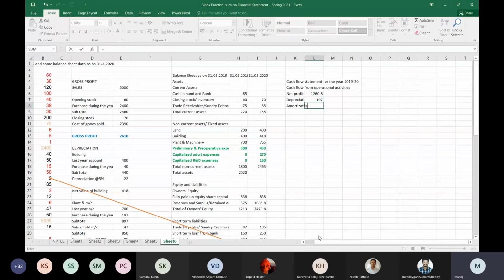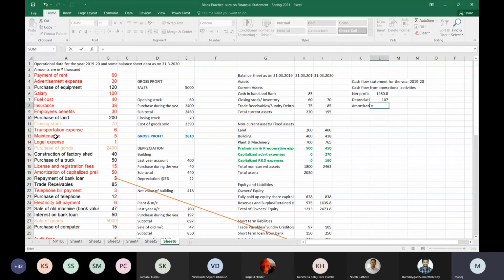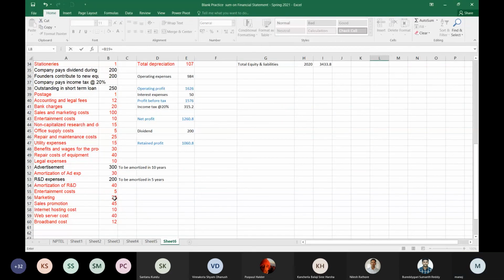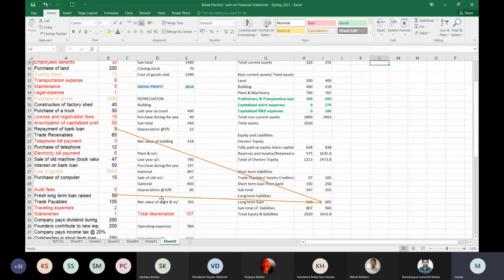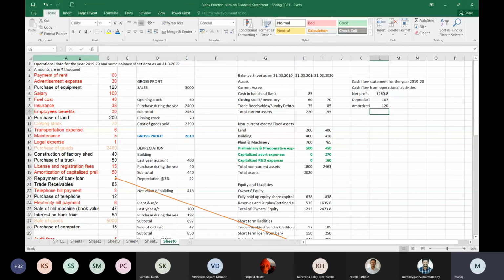So that is why I am putting it separately. Is equal to one is this plus this plus this, meaning amortization for preliminary pre-operative, amortization for advertisement expenses, amortization for R&D expenses. So we have the total amortization.